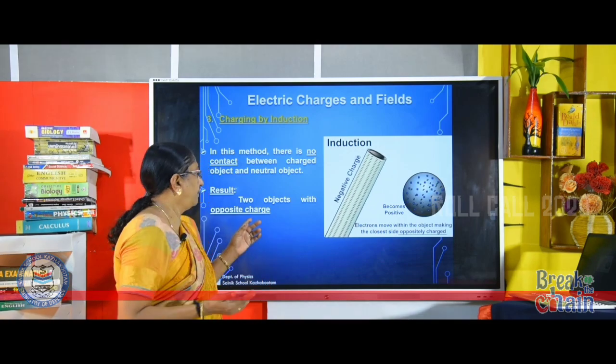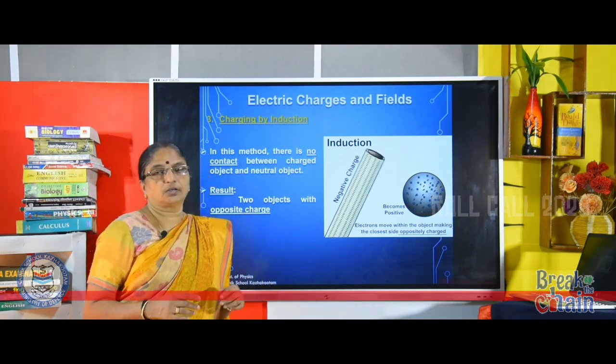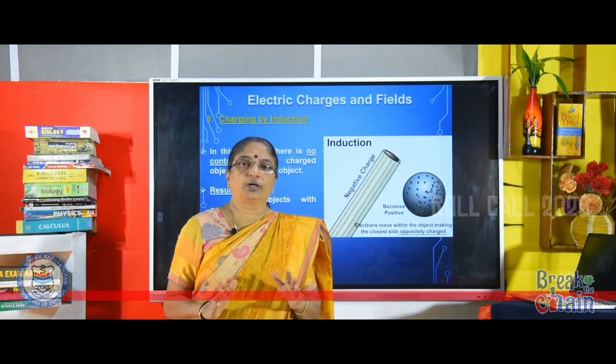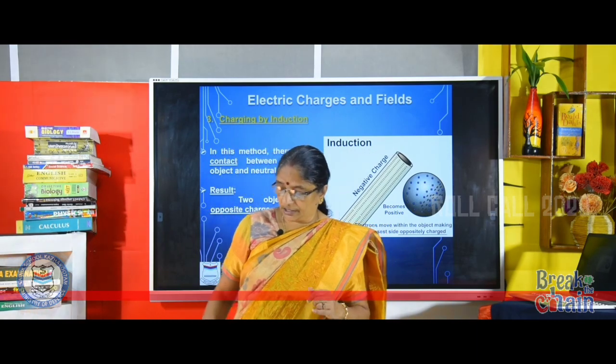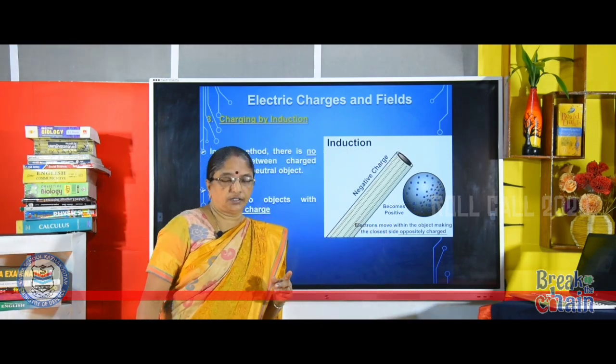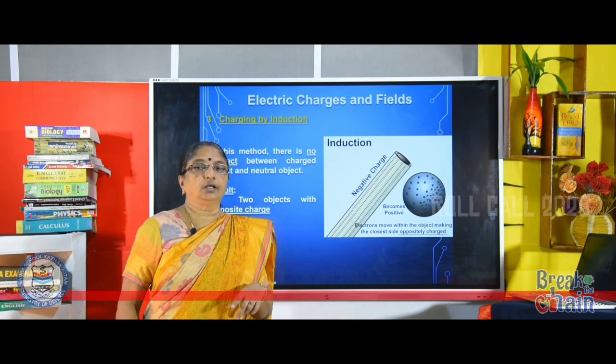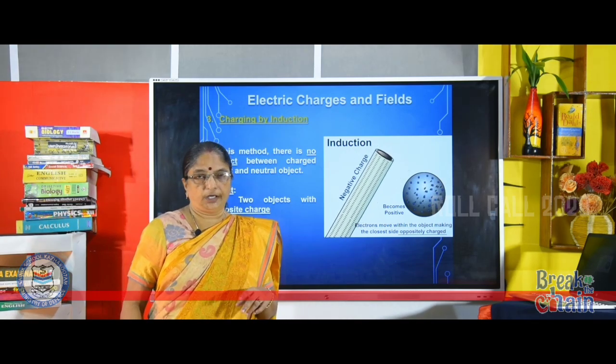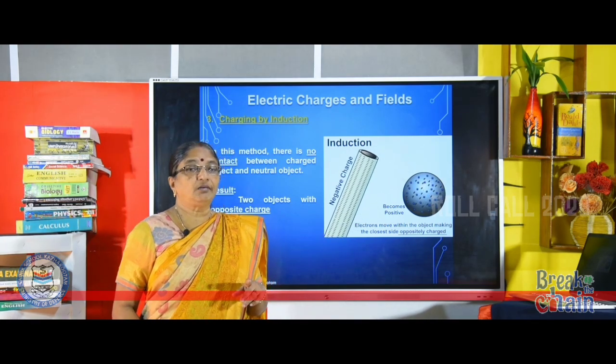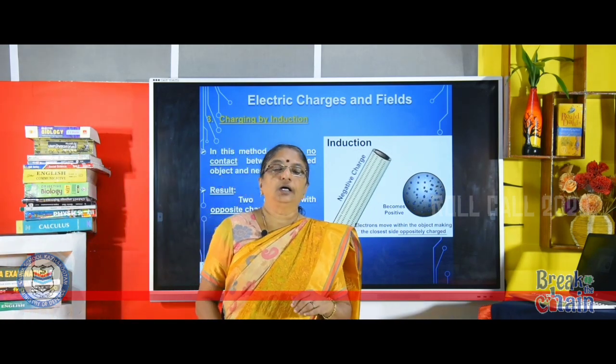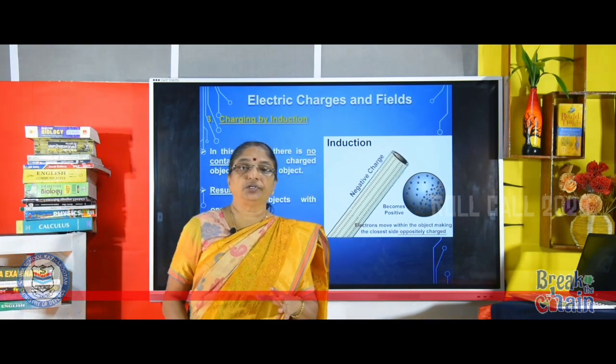This happens when the body is brought near the charged body but not in contact. In this case, the body to be charged gets the opposite polarity. That is, if you are using a negatively charged ebonite rod, the body will become positively charged.